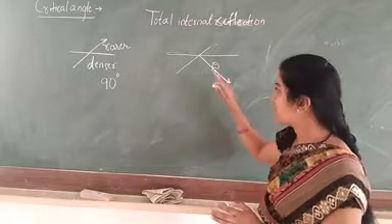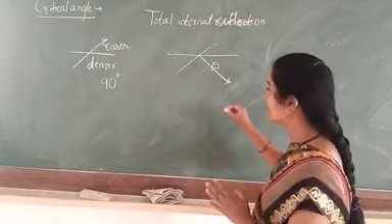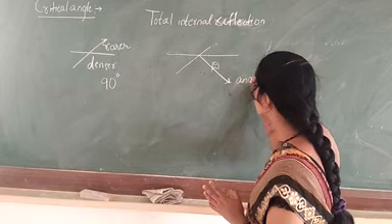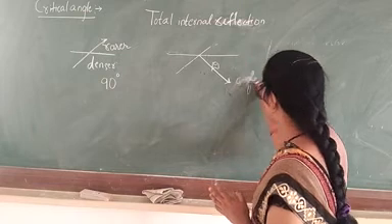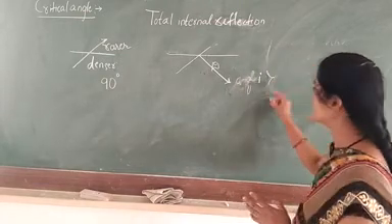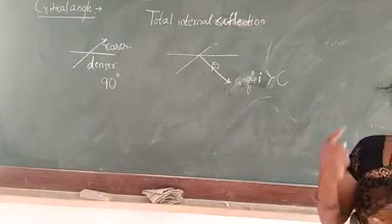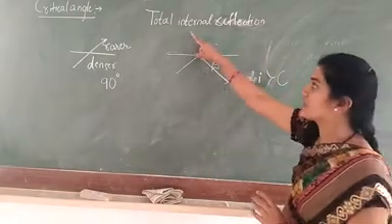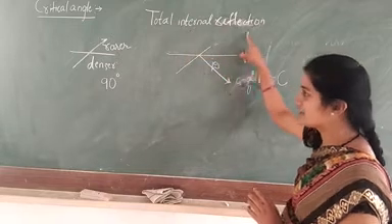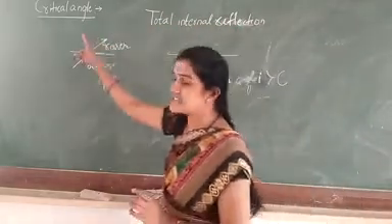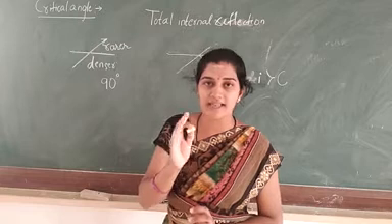At that time the angle of incidence is always greater than the critical angle. If the angle of incidence is greater than the critical angle, then we call it total internal reflection.